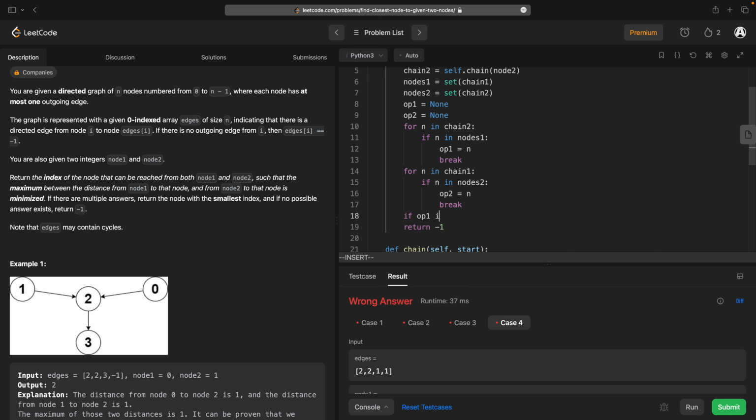If op1 none. Hang on. Let's set these to -1. No, let's set these to infinity. In fact, no, they can go to len edges.